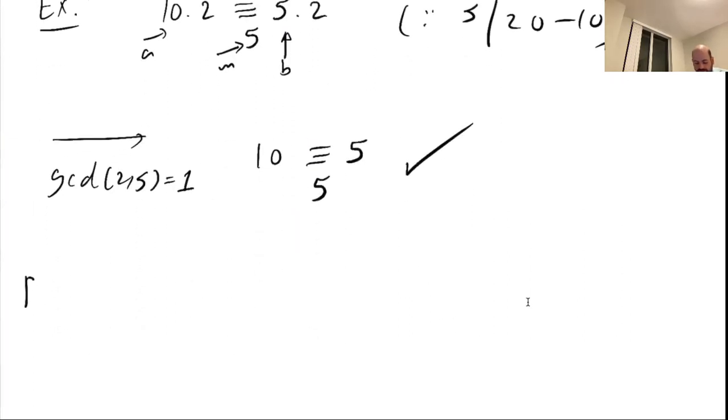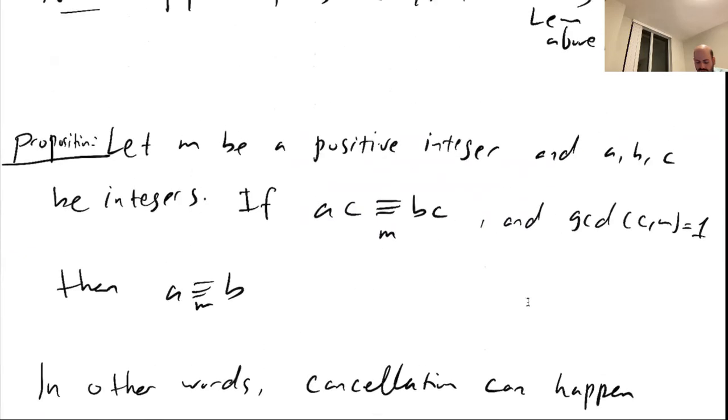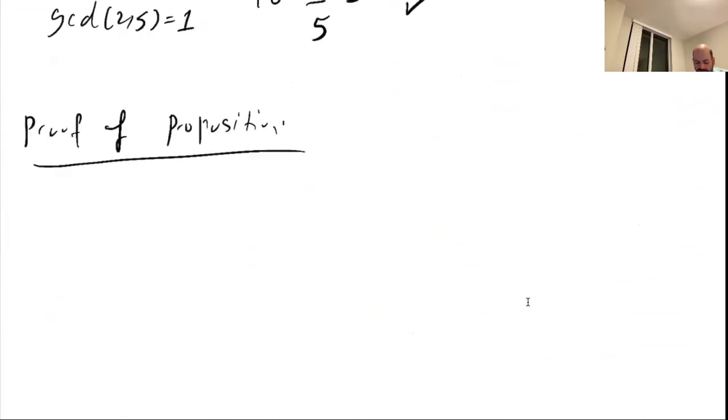So proof of the proposition. Okay, what is my assumption? My assumption is that AC is congruent BC mod M. So the assumption says AC congruent BC mod M. What does that mean?